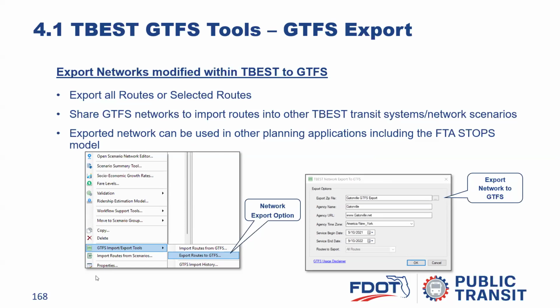So the option when you're right-clicking in on a scenario in TBEST Explorer, you go to GTFS import export tools and export routes to GTFS. That takes the whole network, right? That's the network export option. And then you would just give it a name and a location, hit OK, and it will export it out to a GTFS.